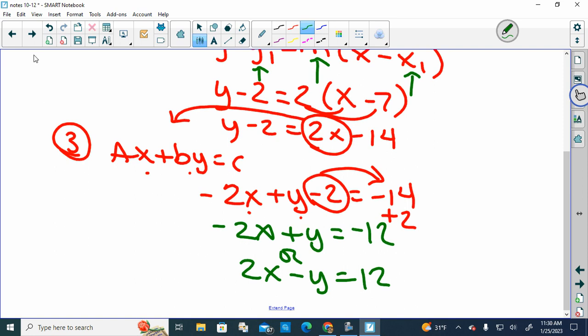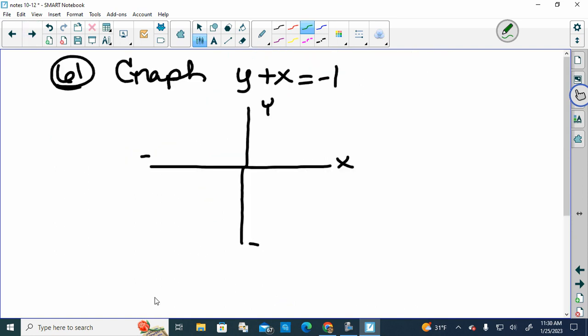Okay, next one. We're just going to draw a rough sketch. We're going to graph y plus x equals negative 1.